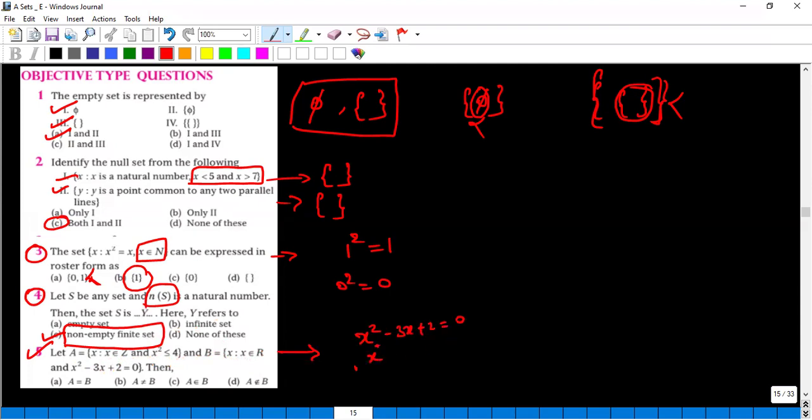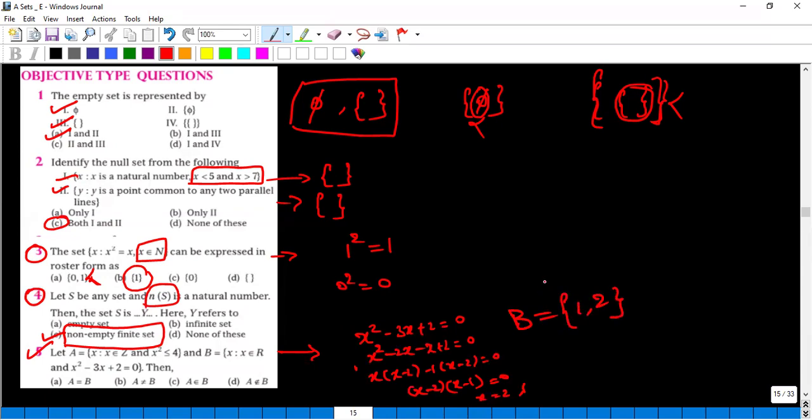If you solve by splitting the middle term, x square minus 2x minus x plus 2 equals 0. x is common, x minus 2, minus 1 is common, x minus 2. x minus 2 is common, we will be left with x minus 1. The value of x is 2 or 1. We are getting two solutions, 1 or 2. So the set B will be {1, 2}.